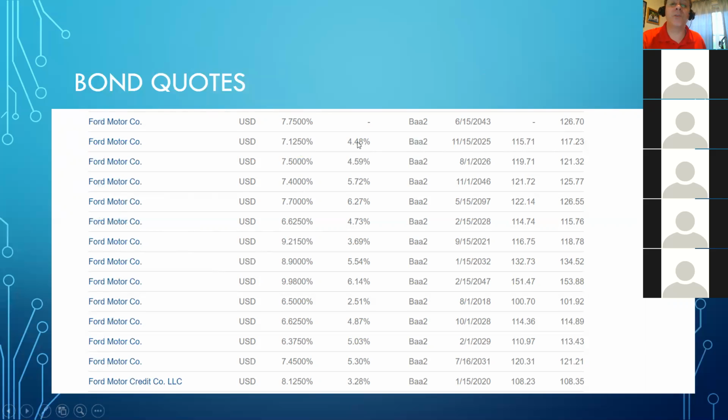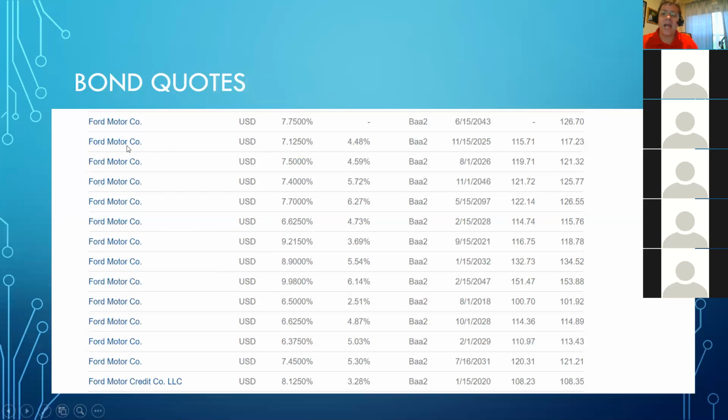And then if this one went above 7.125, then these would actually go below 100. So that's how they are related. And yes, those are changing based on people buying and selling these bonds.